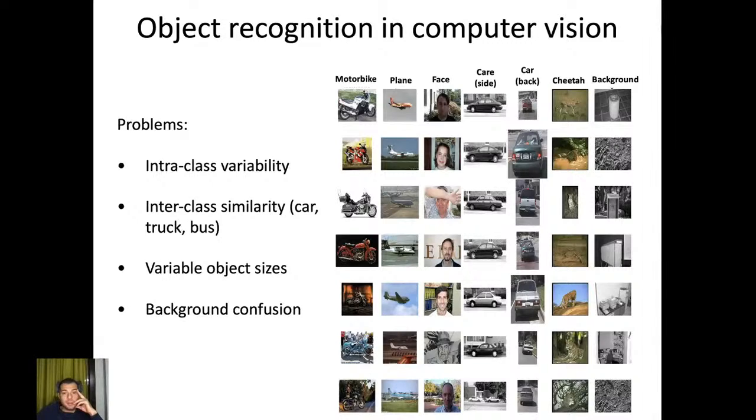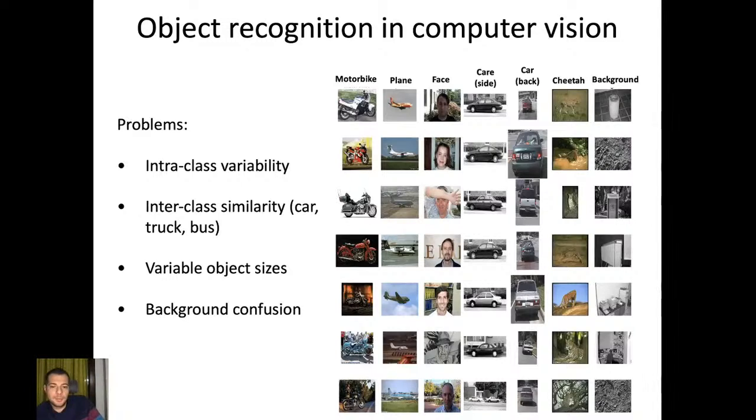And in computer vision, the problems with object recognition are typically with respect to intra-class variability. Inside a class, we can have large variability, and also inter-class similarity between object classes.